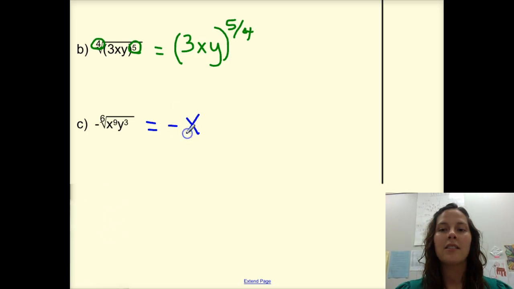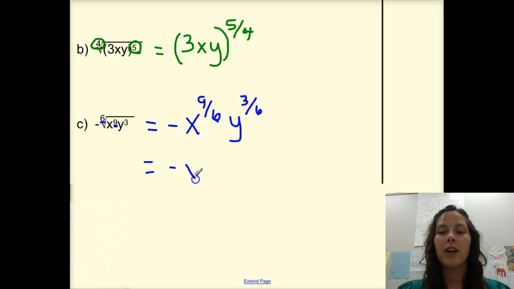We have x to the 9, that's our power, so that's our numerator. 6 is the root, so that will be our denominator, times y to the power of 3 over 6. So of course we can simplify both of those exponents. So our first exponent, dividing each of those by 3, we get 3/2. And our second exponent, again dividing each of those by 3, we get 1/2.